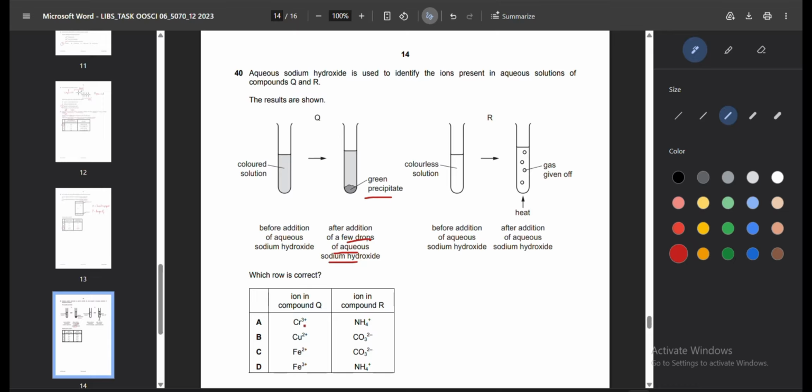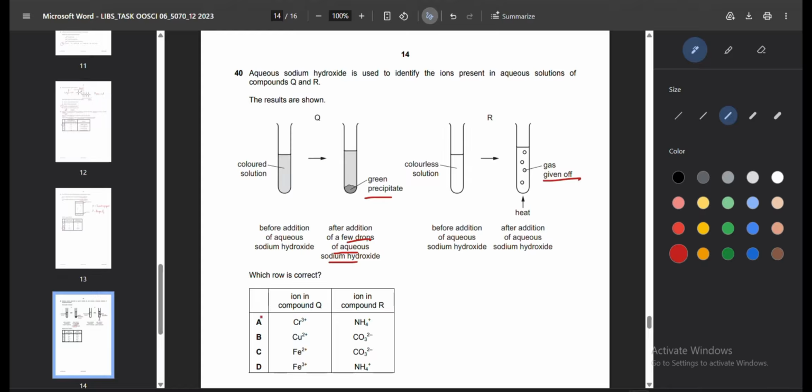Chromium forms green precipitates and it is soluble in excess. And the next one is a colorless solution and it gives out a gas. After the addition of sodium hydroxide, gas is given out.